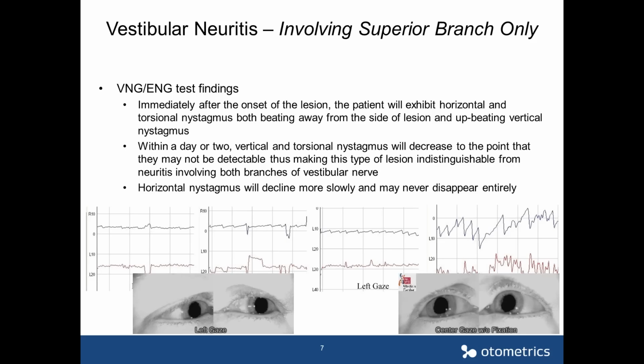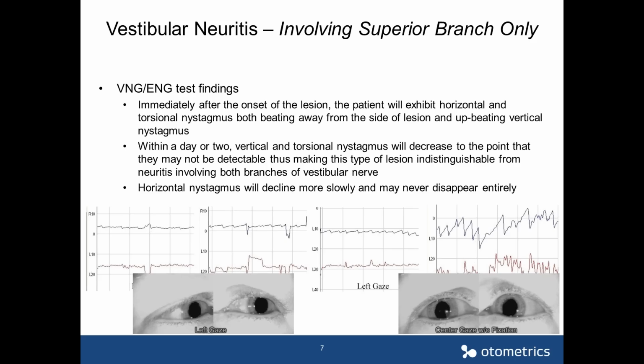Within a day or two, vertical and torsional nystagmus will decrease to the point that it may not be detectable. So this type of finding is usually seen only in lesions that are less than 3 days old. Most of us do not see this in our clinic; you probably have to go to the emergency room to see this.